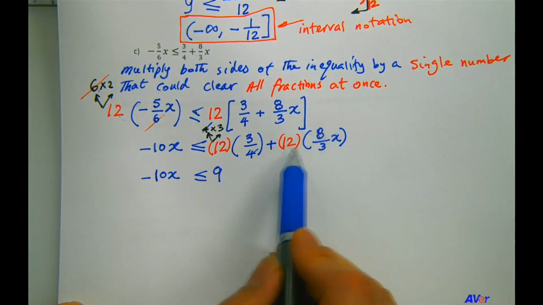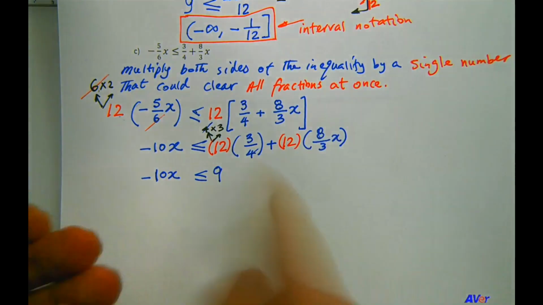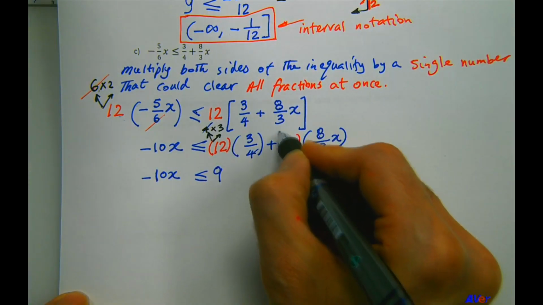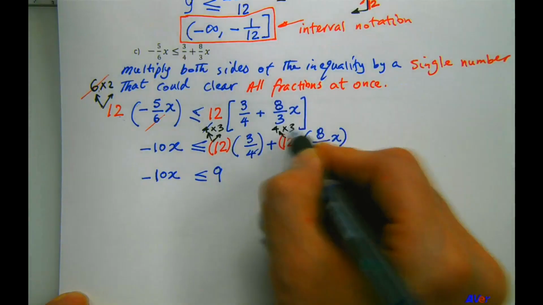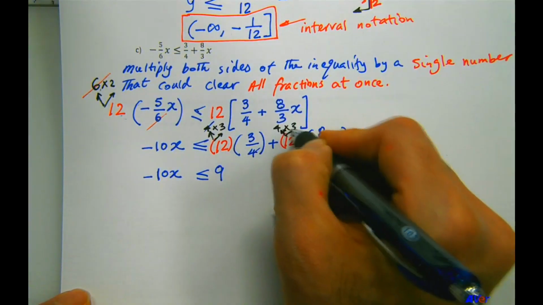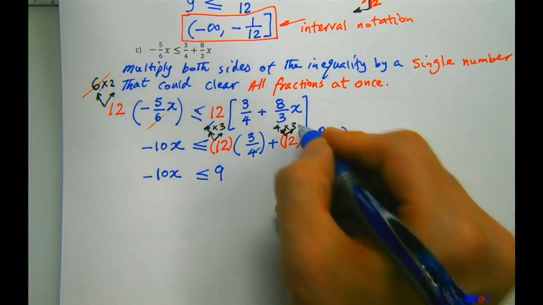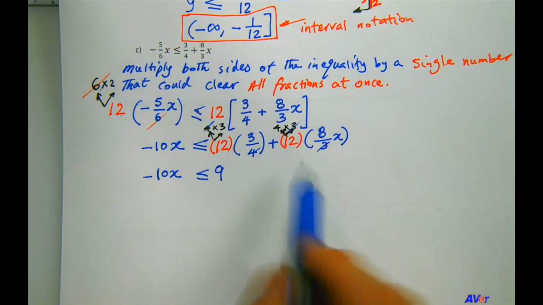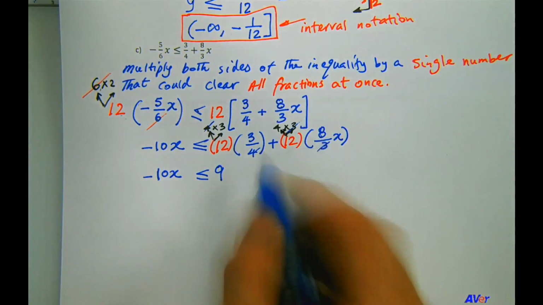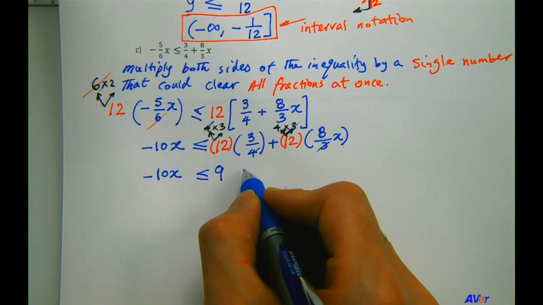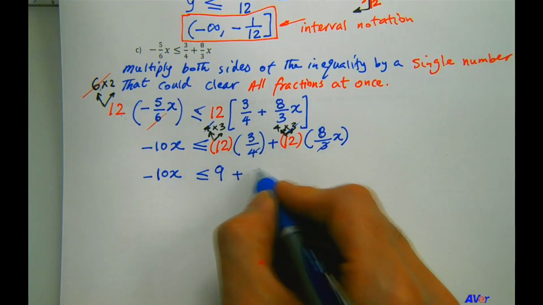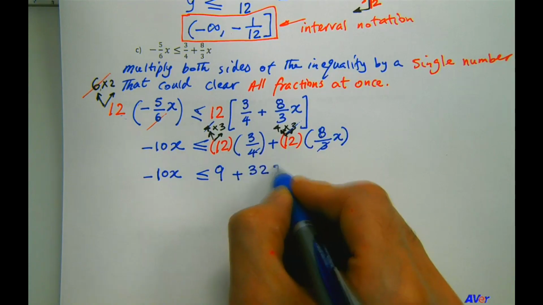And then 12, once again, it's the same way, right? 12 is 4 times 3. 3 and 3 cancel each other out. We're left with 4. 4 times 8 is 32x. So we have plus 32x.